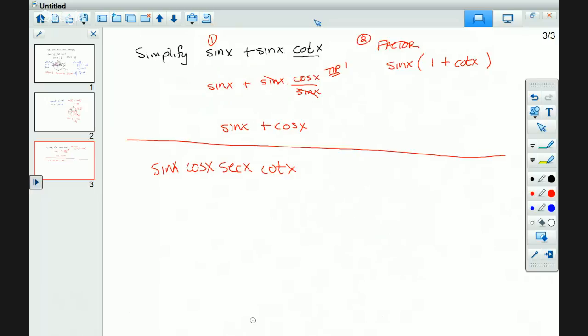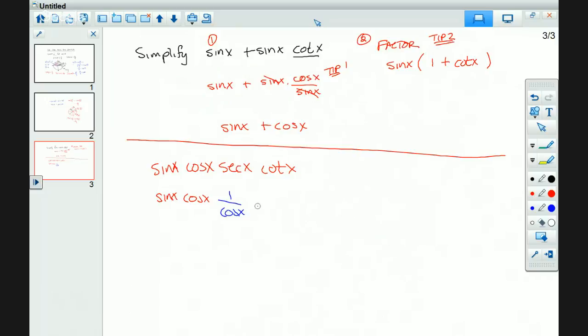Okay, so this was tip 2. It's a long string of messy trig functions, right? Okay, what's tip number 1? Change to sine and cosine. Think that might help here? Yeah, probably. So I'm going to leave these two the same. What's secant? 1 over cosine. Thank you for the amendment.